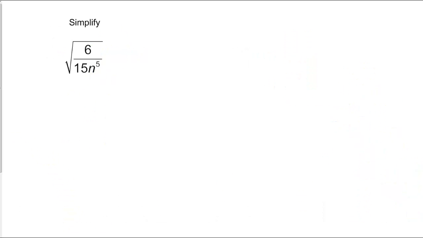Now these will get a little more complicated as we continue. In this problem, however, I notice 6 and 15 reduce, because 3 goes into both, to 2 over 5n to the 5th. Now what I'll also do in this case is notice that in n to the 5th, there is a perfect square factor within that, so I'm going to break that apart.